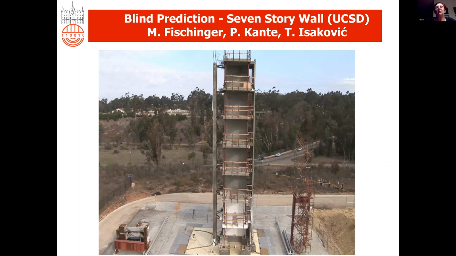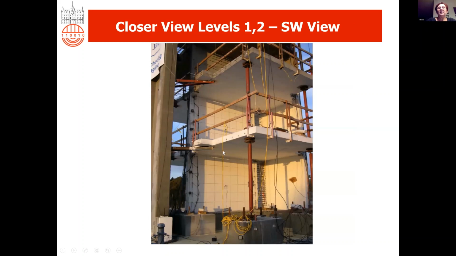A 7-story cantilever wall tested on their shake table. This is that wall, and it is important that there were some gravity columns here, and one perpendicular wall to stabilize the whole specimen.